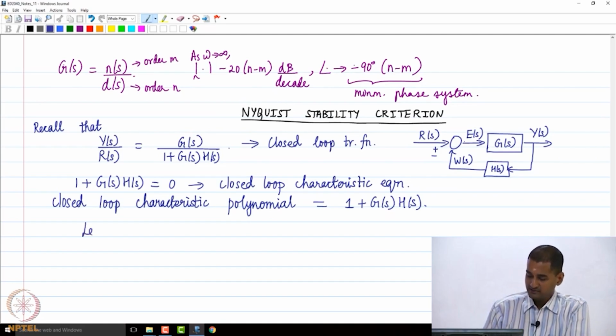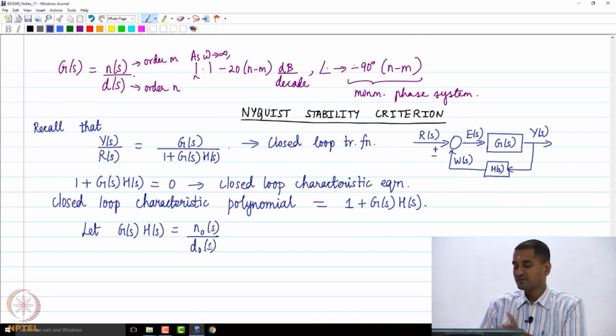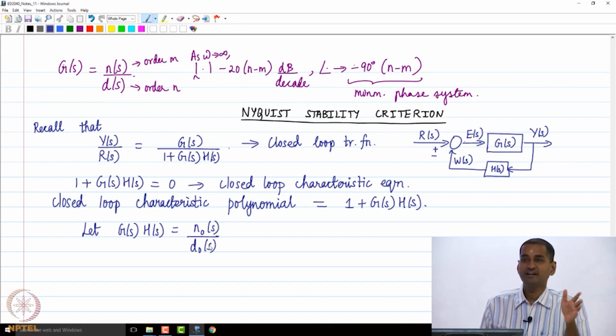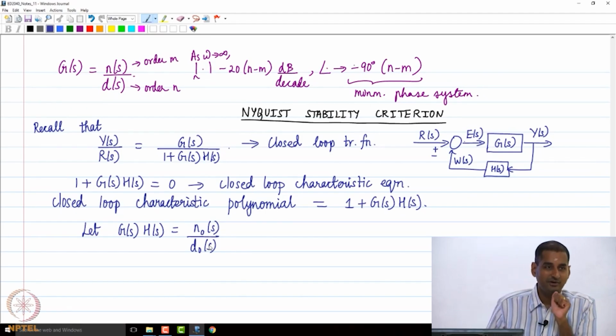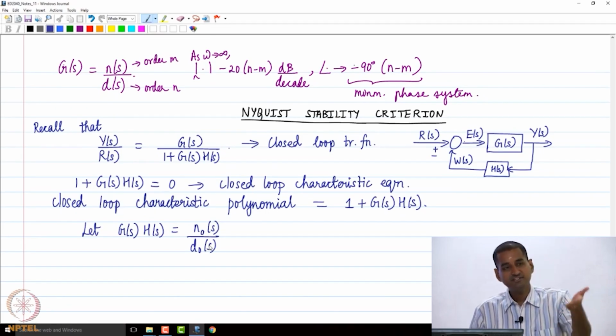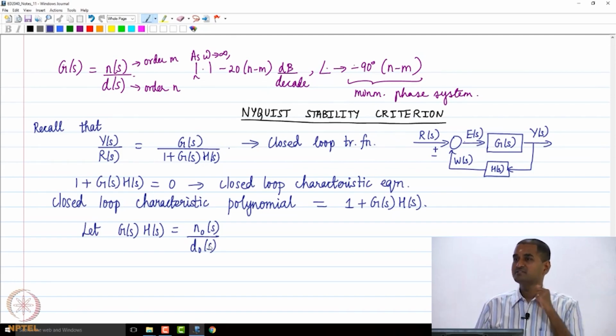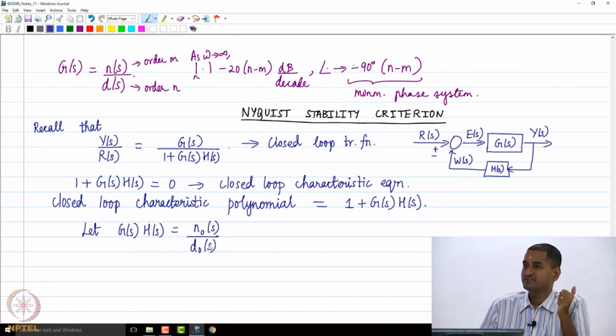So, let G of s times H of s be N_O of s divided by D_O of s. I am using the subscript O to indicate the open loop transfer function's numerator and denominator. In general we write any transfer function as a ratio of two polynomials in s, numerator polynomial N of s and denominator polynomial D of s. So, I am just saying it as N_O of s divided by D_O of s.